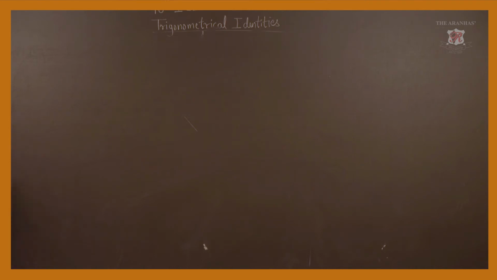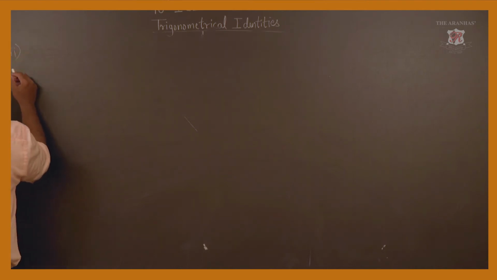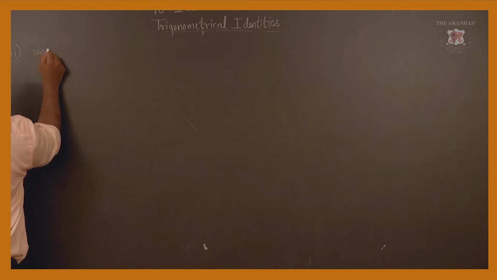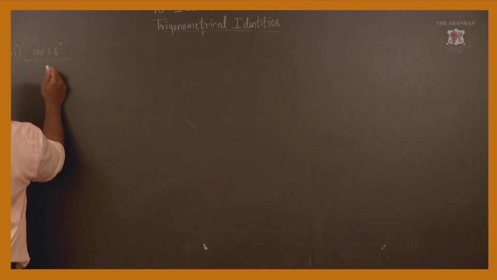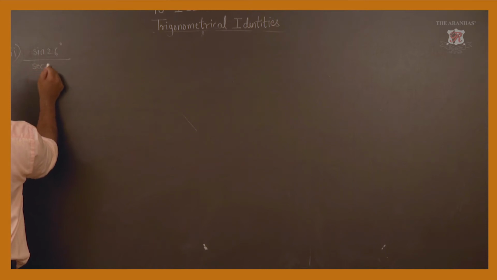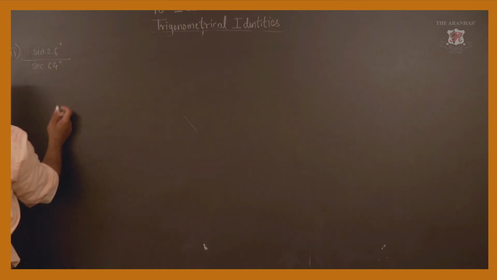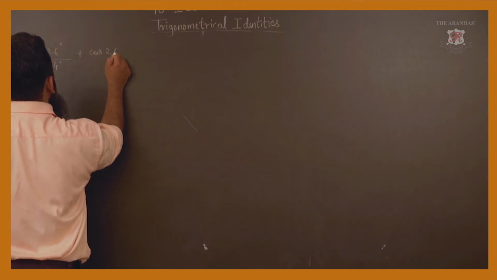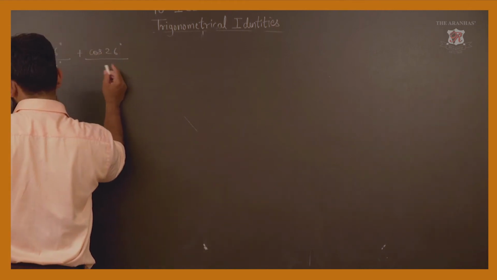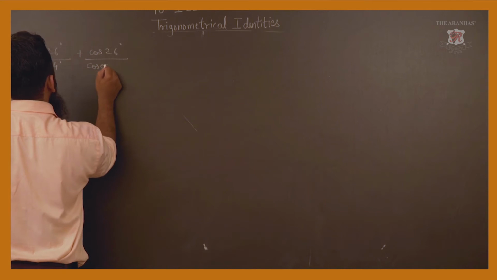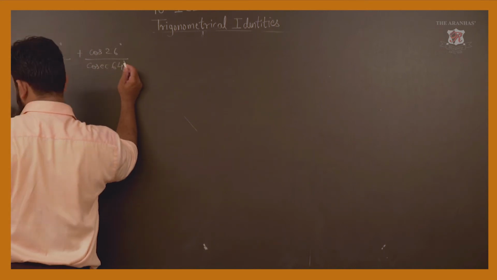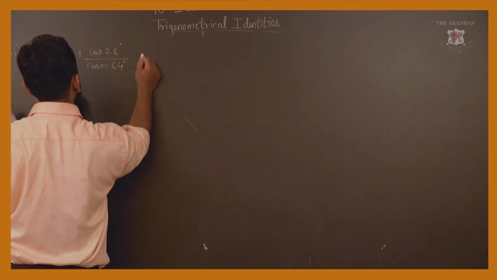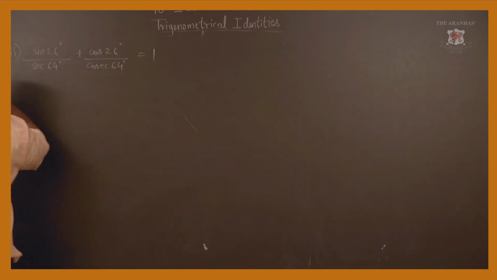Let us take one more. The third one, sin 26 degree upon sec 64 plus cos 26 degree upon cosec 64 degree is equal to 1.